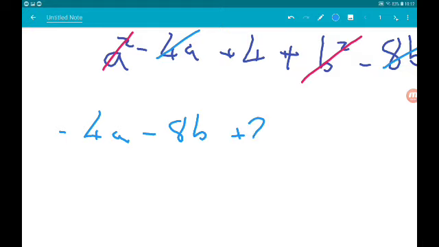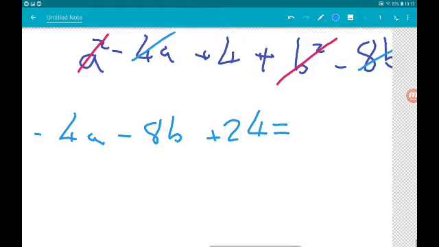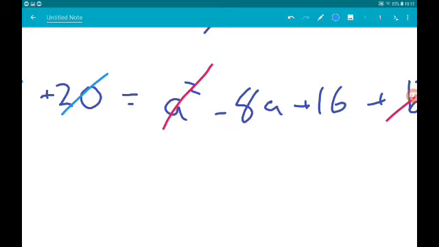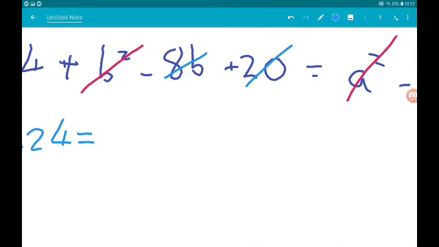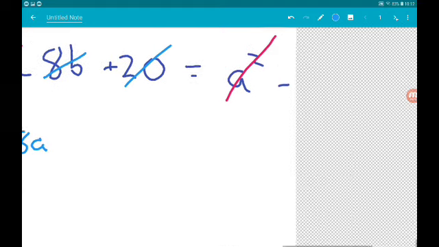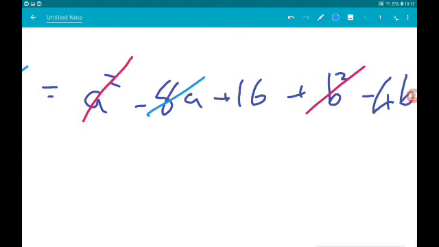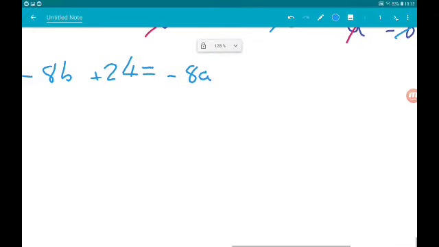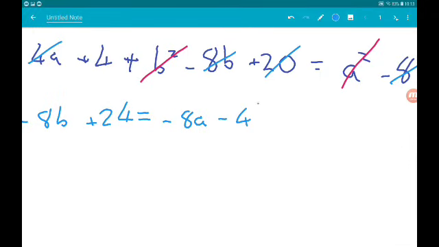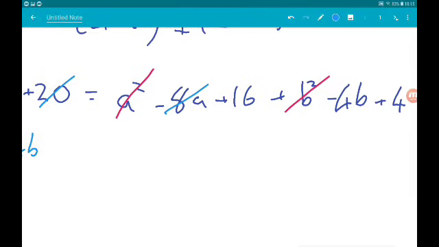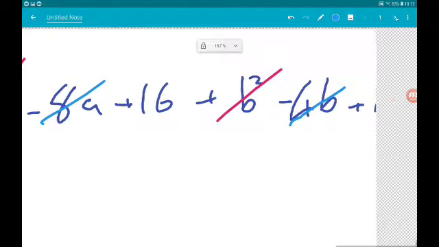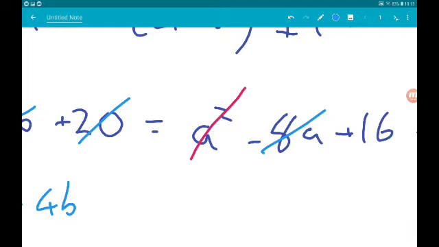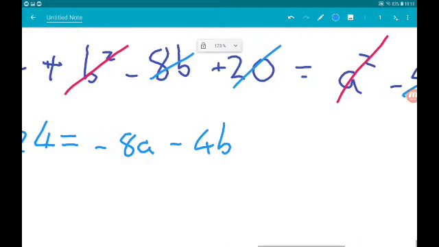So that's add 24. Now on the right, we've got minus 8a, add 16, we got minus 4b, and then we got the 16 and the 4, which is 20.